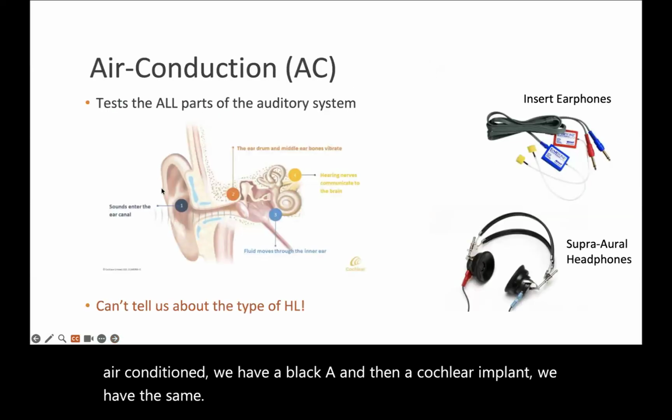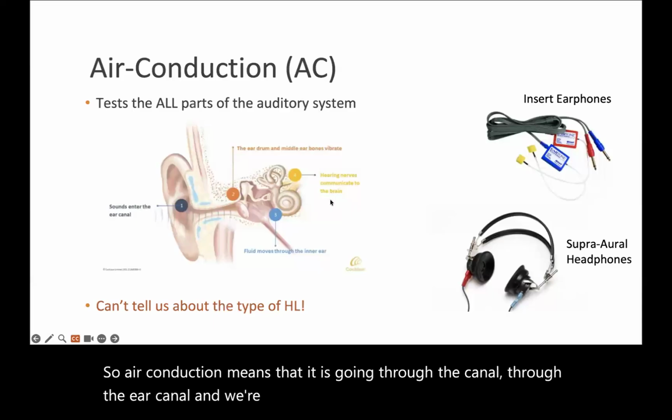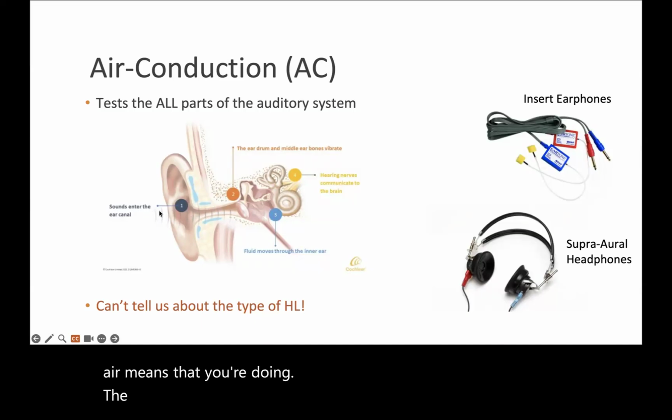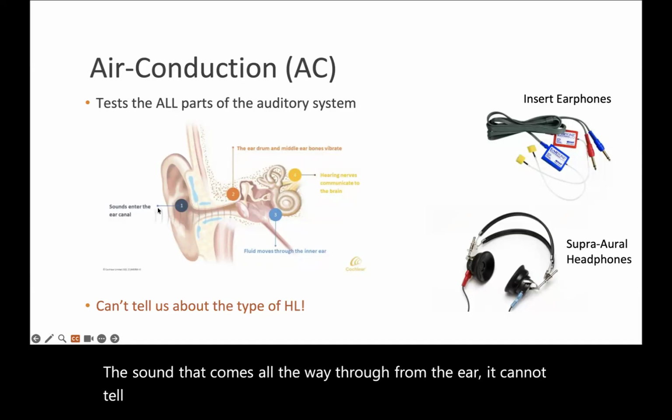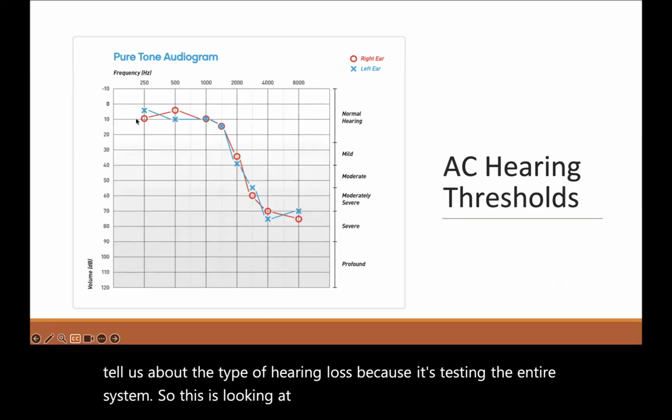So air conduction means that the sound is going through the ear canal, and we're testing the entire system. Air means that the sound comes all the way through from the ear. It cannot tell us about the type of hearing loss because it's testing the entire system. So this is looking at air conduction hearing thresholds.